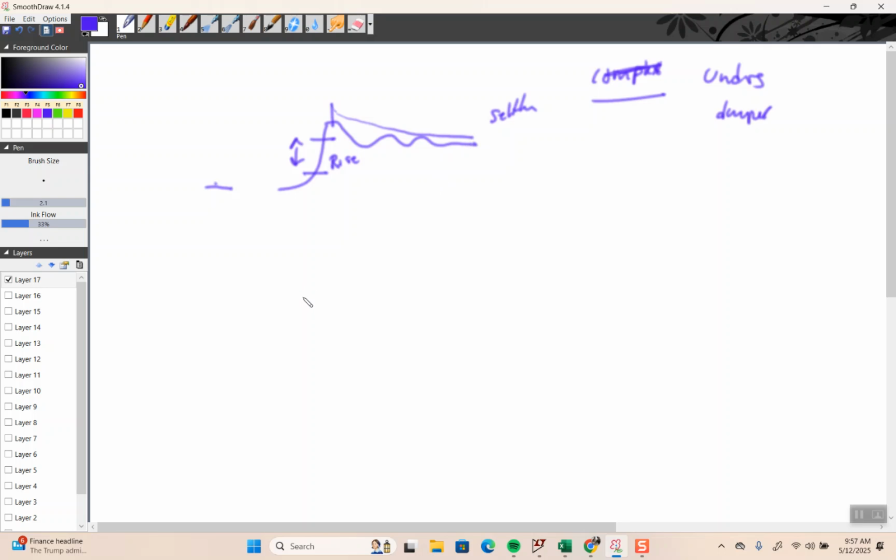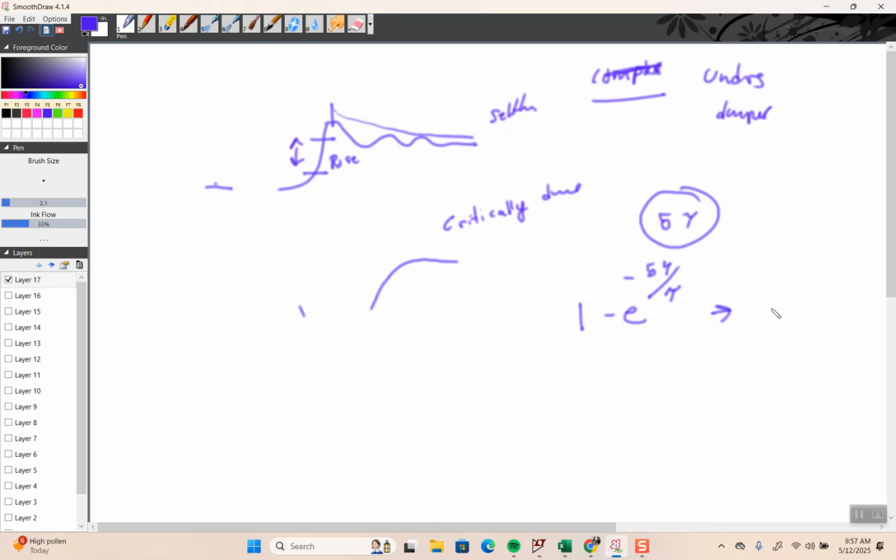What I had been looking for is, what about critically damped? I was looking for a 5 tau. So we have 1 minus e to the minus time is 5 tau, and that gives me a number, how close it is to 1.